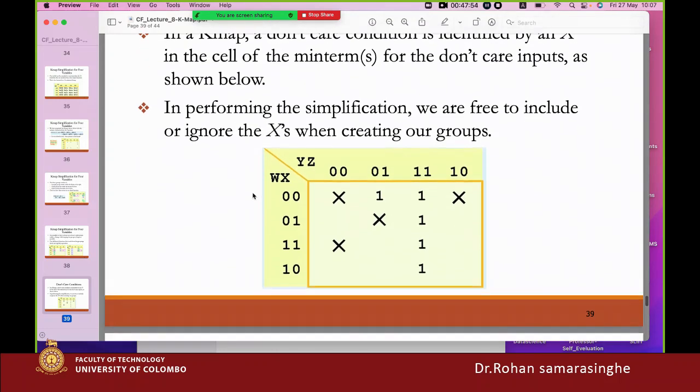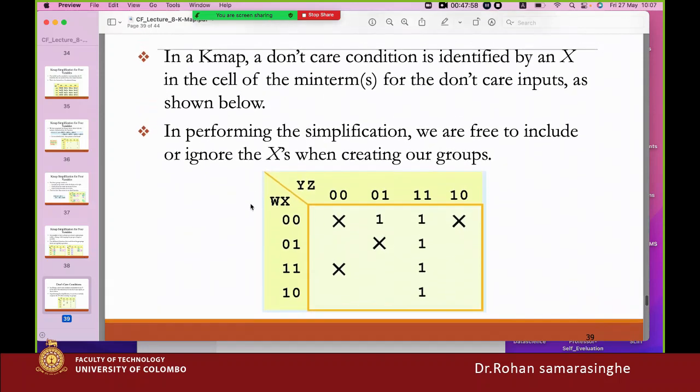So what is the advantage of having this don't care condition? It is performing the simplification. When you are going to group, we can either include these don't care minterms, or we can leave them out. There isn't any rule to include or exclude.